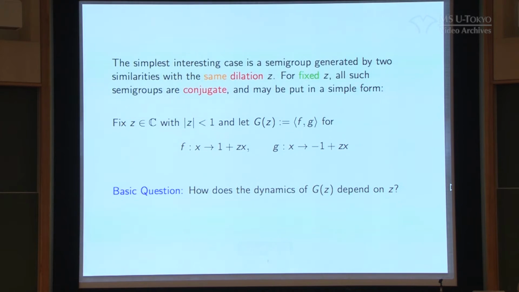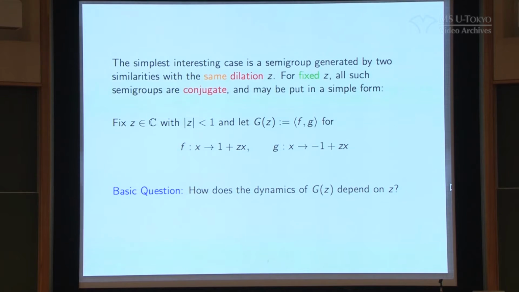I'm interested not in the arbitrary case of arbitrarily many finite collections of such similarities, but only 2 of them. And I'll further constrain myself by requiring that the 2 transformations have the same dilation factor. So I'm literally just interested in semigroups generated by 2 Euclidean similarities of the plane with the same similarity factor. The only degree of freedom is where their centers are.